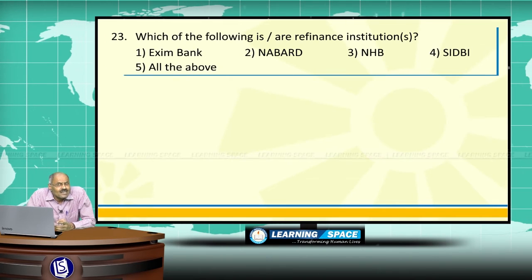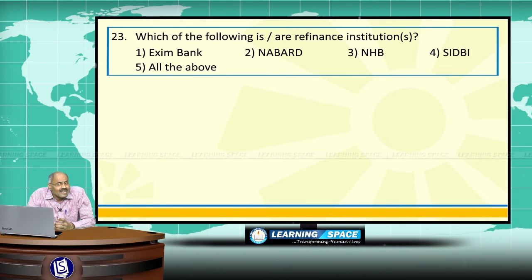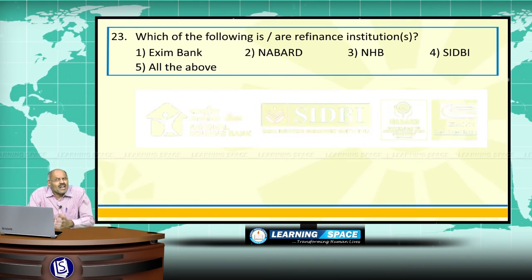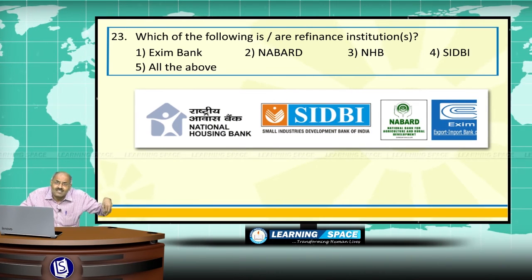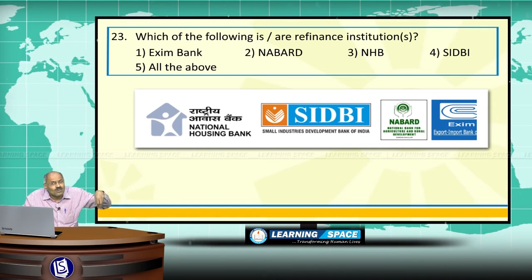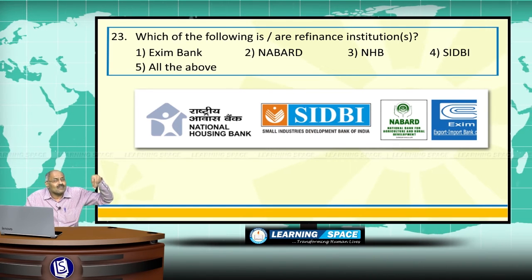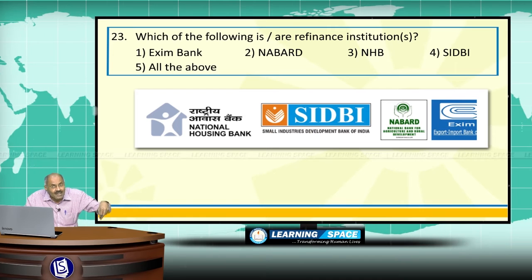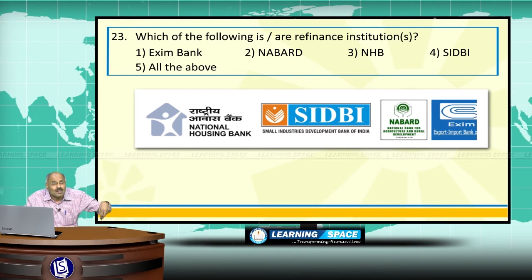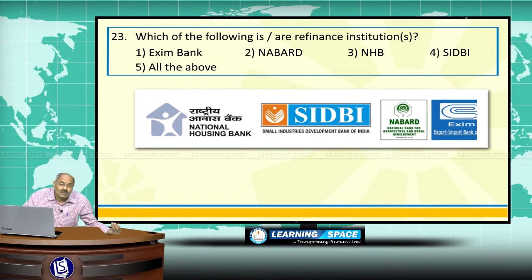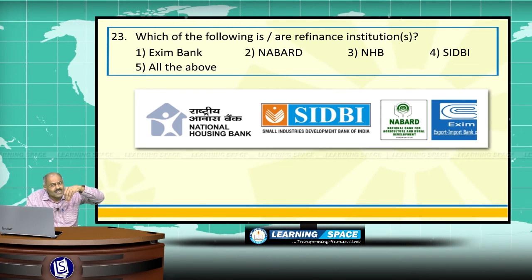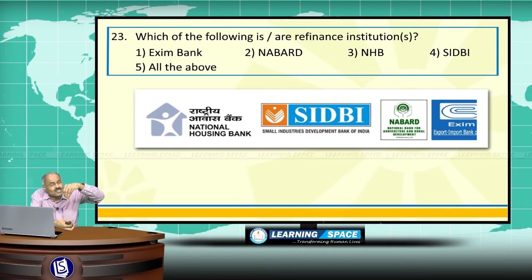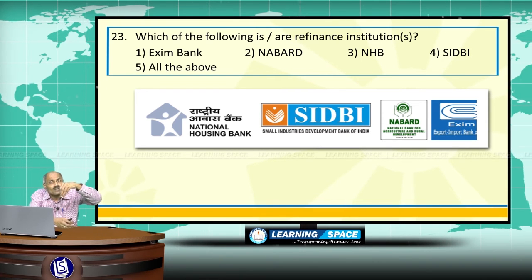Which of the following is a refinance institution? Whatever I have mentioned are all examples of All India Financial Institutions, or AIFIs. Exim Bank is a refinance institution for promoting exports. NABARD is a refinance institution for promoting rural development, which includes agriculture.